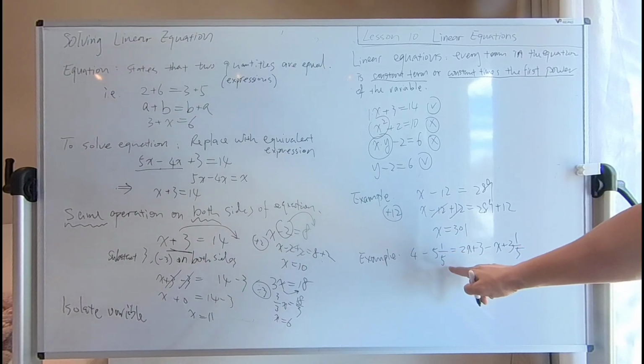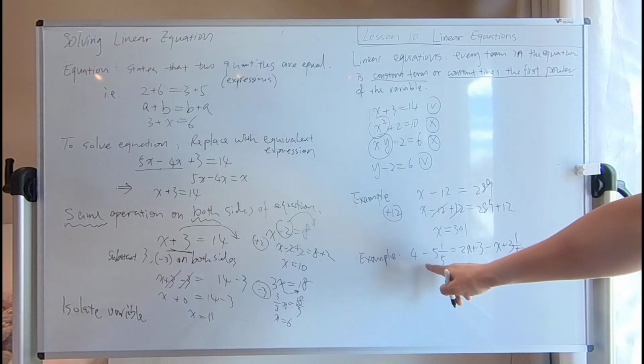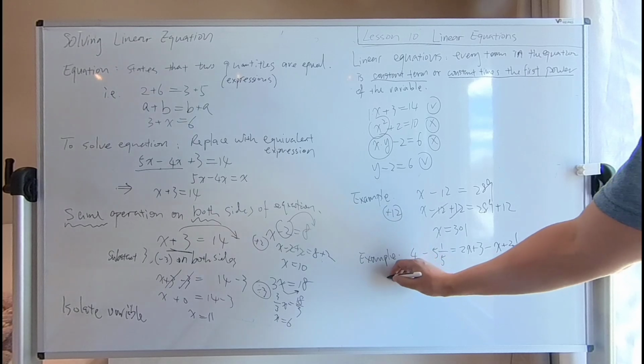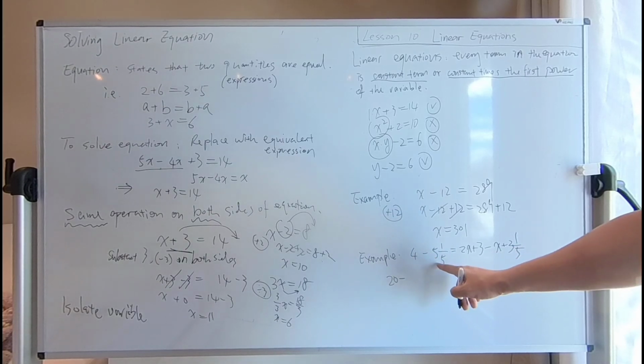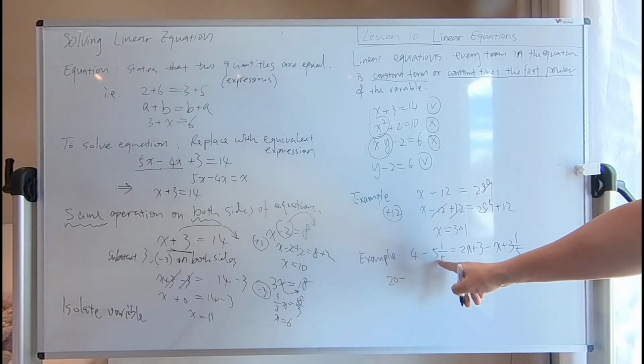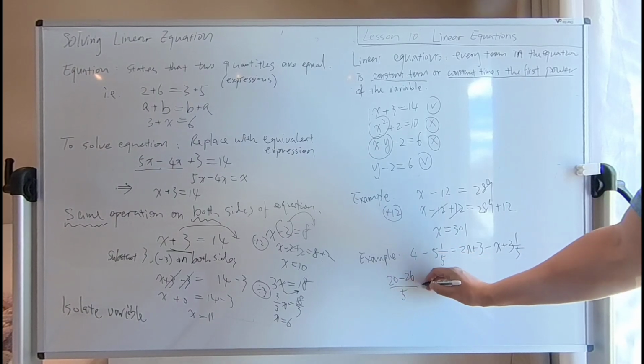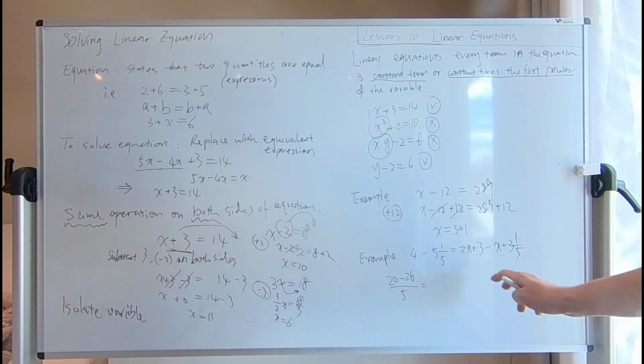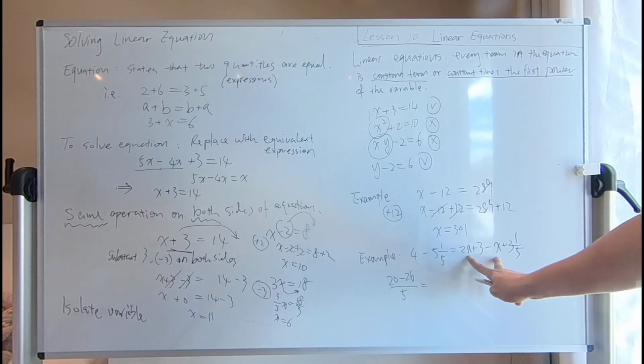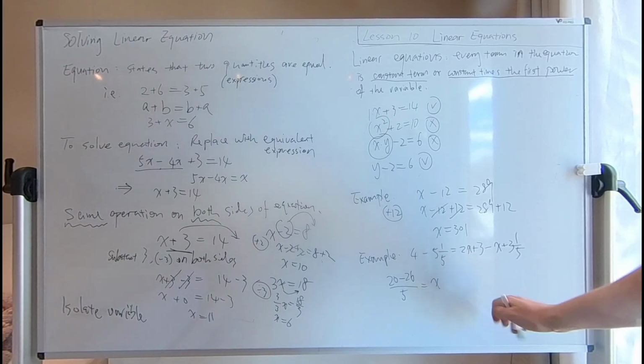The common denominator is 5 on the left-hand side, so it's 20 minus this, converting the mixed number into a single fraction. This is 25 plus 1, 26. On the right-hand side, I'm grouping the similar terms together as I just demonstrated. So the x terms, I have 2x minus x, so it's a single x.